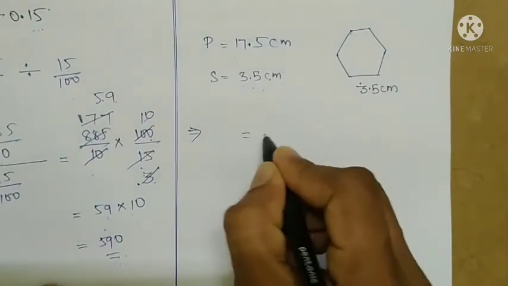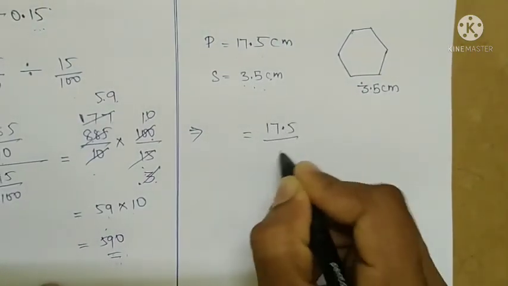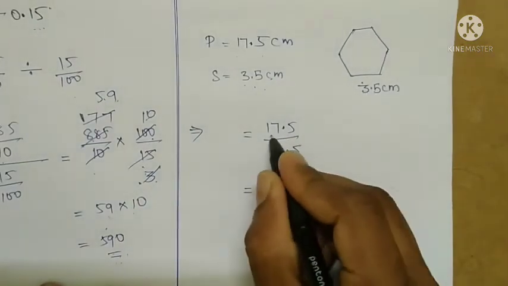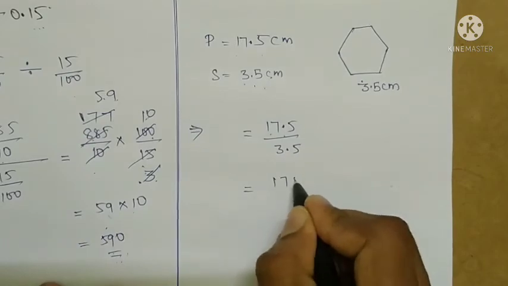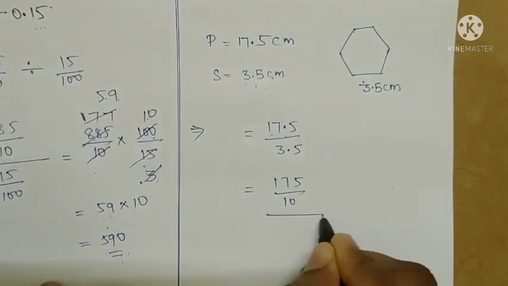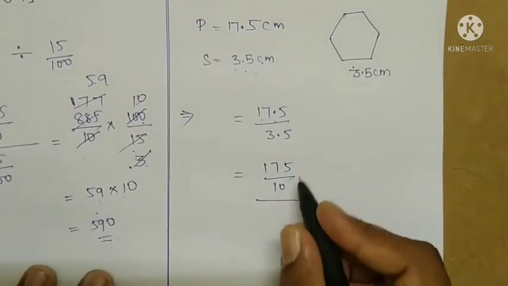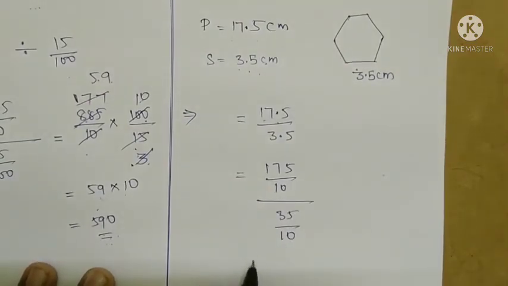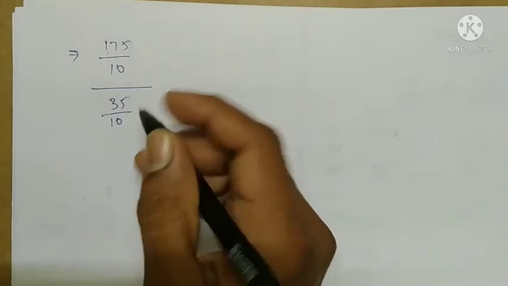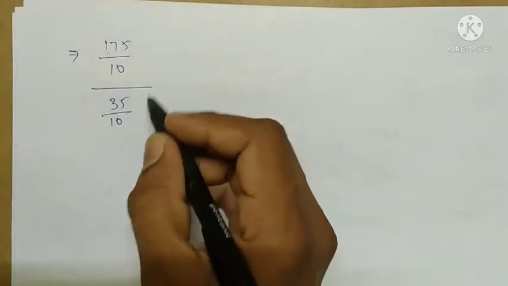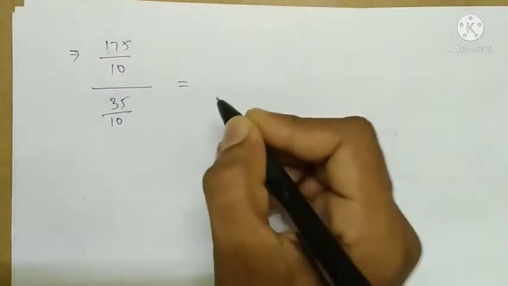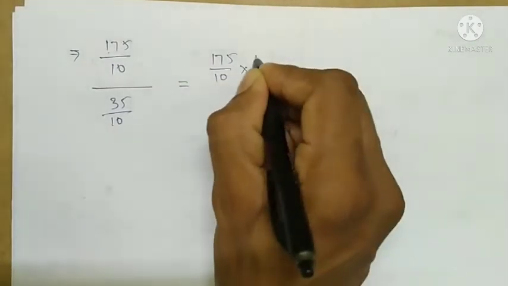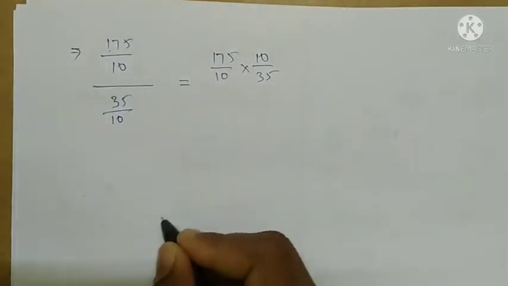So that is equal to 17.5 by 3.5. 17.5 means 175 by 10, divided by 3.5, which means 35 by 10. So in this fraction division, the denominator is reciprocal, right? So that is equal to 175 by 10 into 10 by 35.